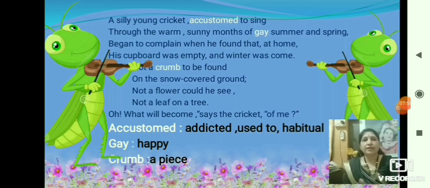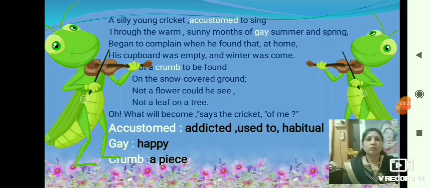He started complaining, he started blaming: what to do, in my cupboard nothing is there, the whole cupboard is empty. Winter has come, what to do? He is not getting anything. Not a crumb to be found in his cupboard, not a single piece of food.